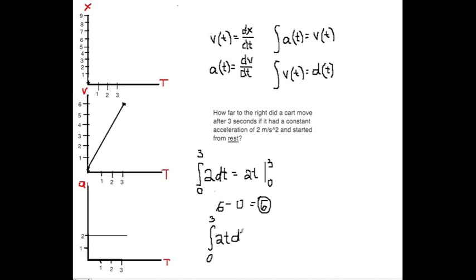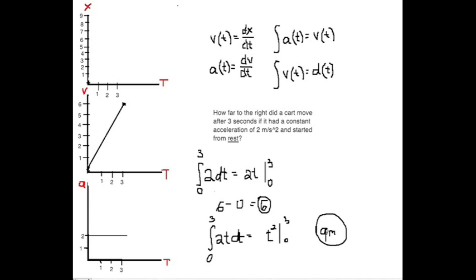So 2t dt. Sorry, it kind of got smushed together. So this is the same thing as t squared from 0 till 3. So you plug it in again and you get 9 minus 0, which is 9. And that's your final answer, 9 meters.